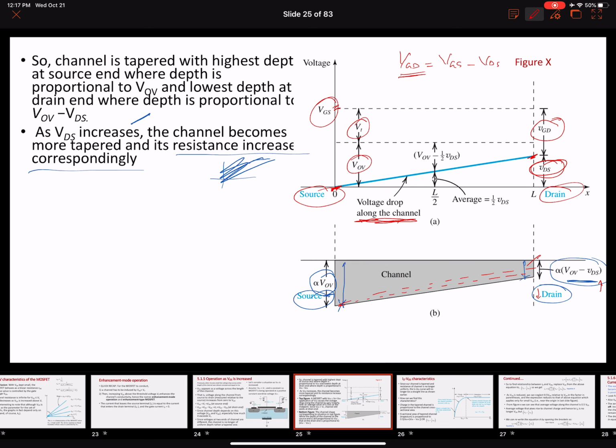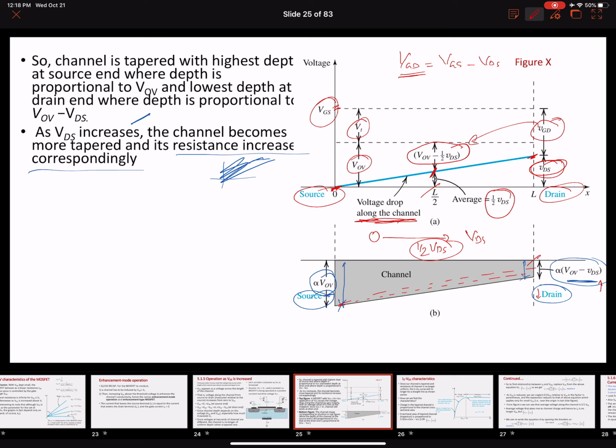At almost the middle point of the channel, because of this tapered region, our effective voltage will be the overdrive voltage minus half of the VDS. Essentially, the voltage drop along the channel is half of VDS in the middle, since the total voltage drop is 0 to VDS.